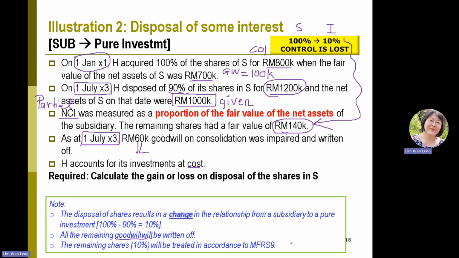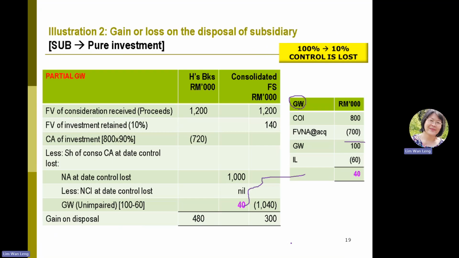So remember to choose the correct pro forma. Use the one that says partial goodwill. Because for this one, most of the figures are already given to you. So first of all, you do the one at the consolidated level.